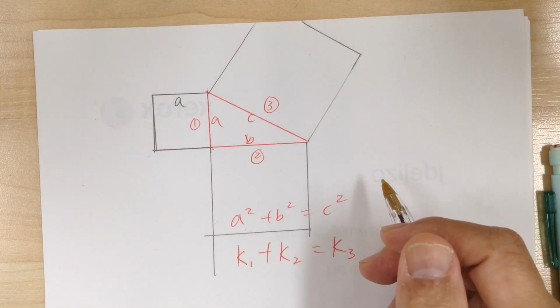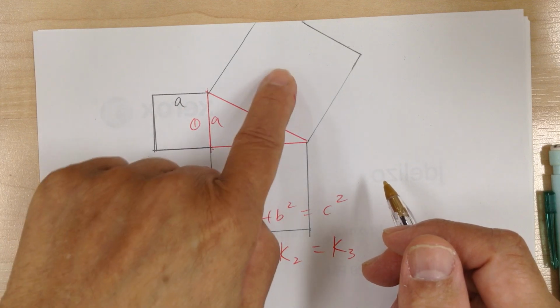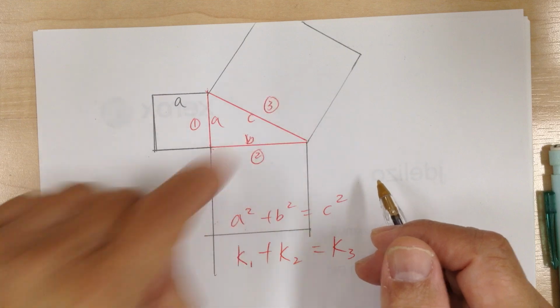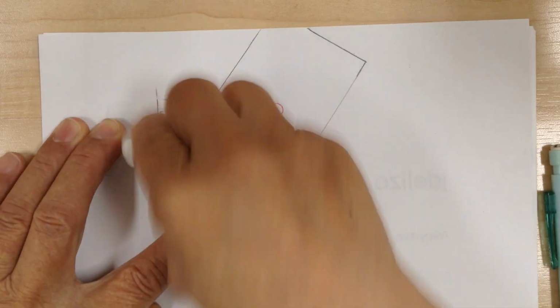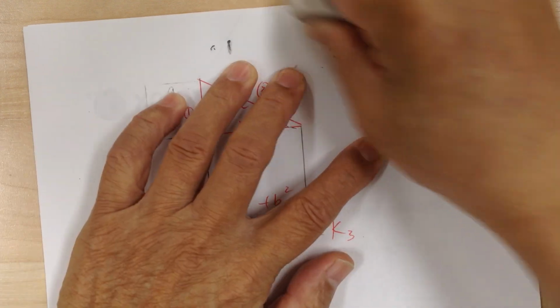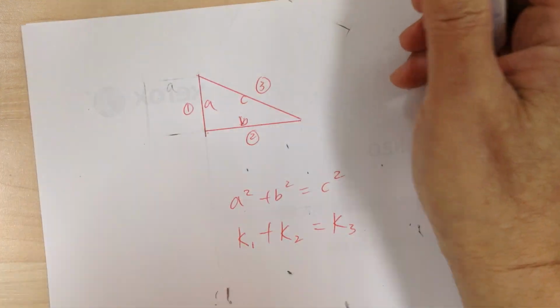So the area of this shape plus the area of this shape equals the area of this shape. This is true not only for squares, but as long as they are similar shapes. For example, you can even have equilateral triangles.